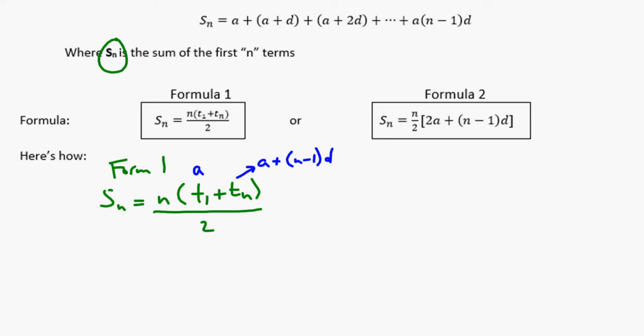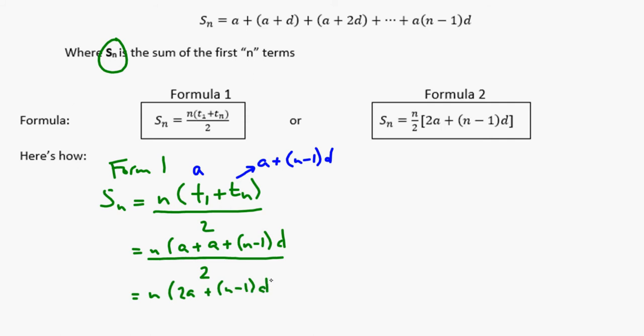If I do that, I get n bracket a plus a plus n minus 1 d all over 2. Then I can add these two up, a plus a is 2a, plus n minus 1 d, all over 2, but instead of putting it all over 2, I'm just going to put the 2 in front of the n, that's the same thing. So this is actually equal to my formula 2.